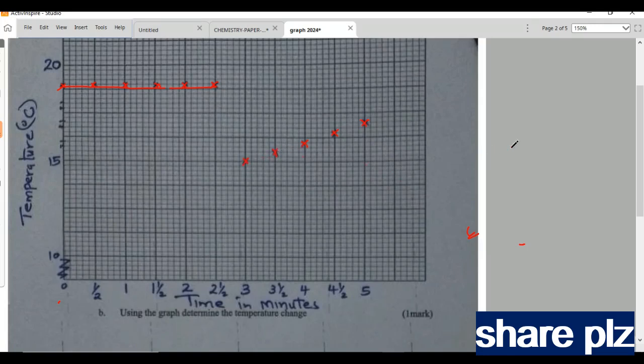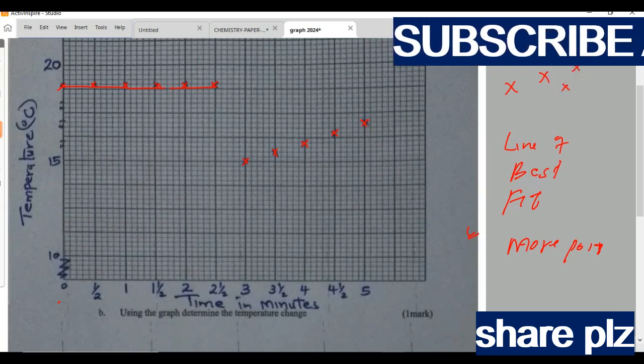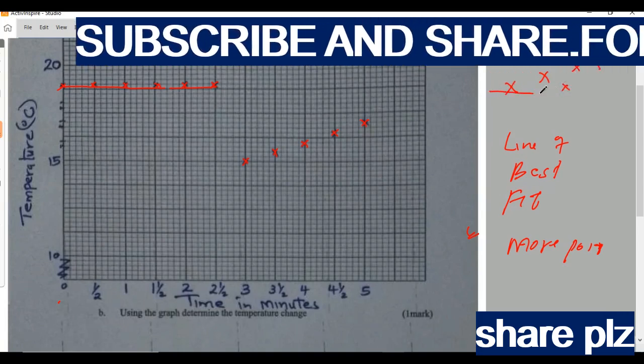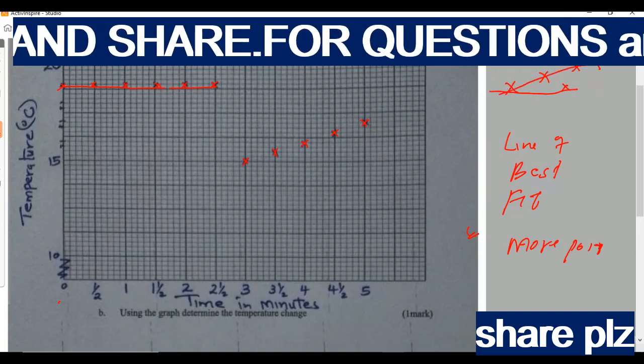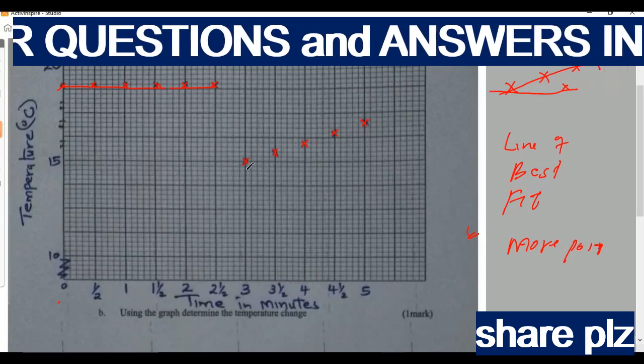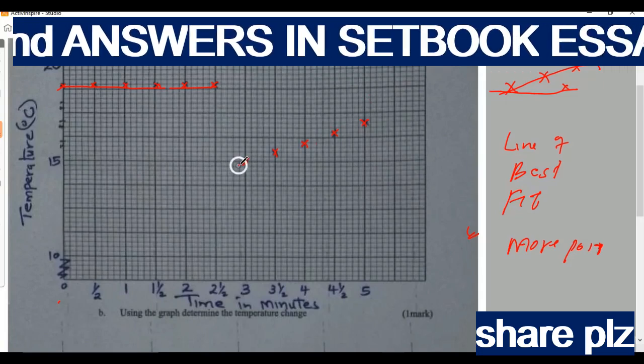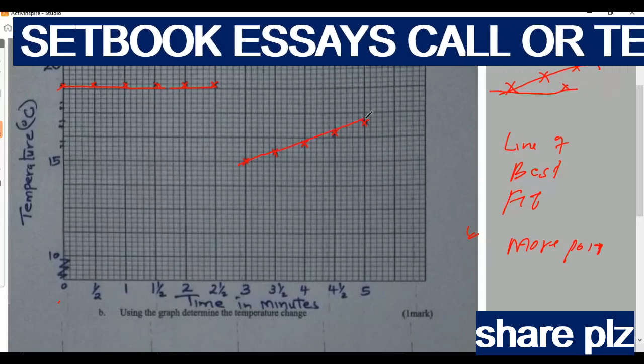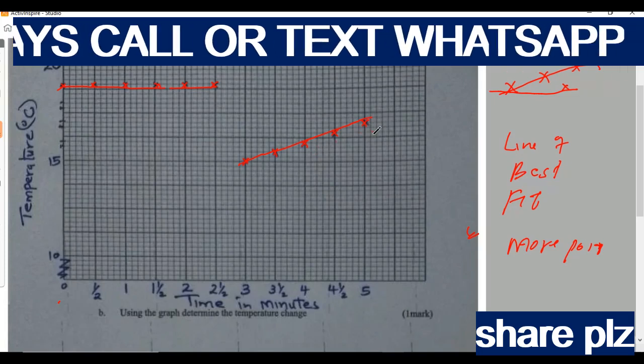The line of best fit is the line where, when you put the ruler, you look at which line takes more points. For example, if I have points like this, I will not put the ruler this way, I will put the ruler the way that takes most of these points. Now you draw this line from here like that.